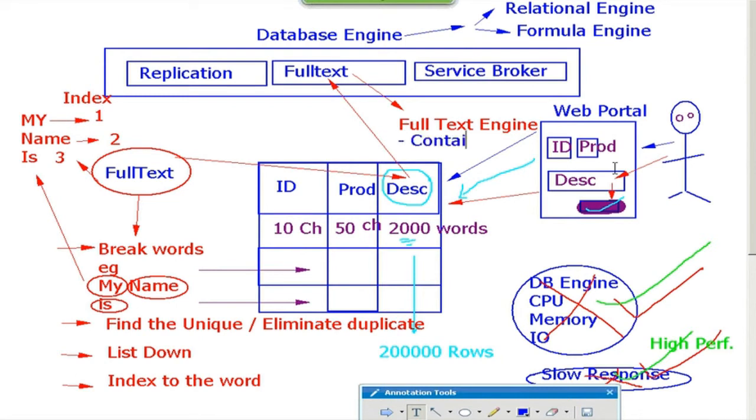The client will use certain functions called CONTAINS, or you can use something called FREETEXT. These are two different functions which will be used by the application to go inside the column which is full text enabled and get the benefit. CONTAINS will look for the fixed value that has been allotted there. FREETEXT even uses synonyms or sound-alike words.